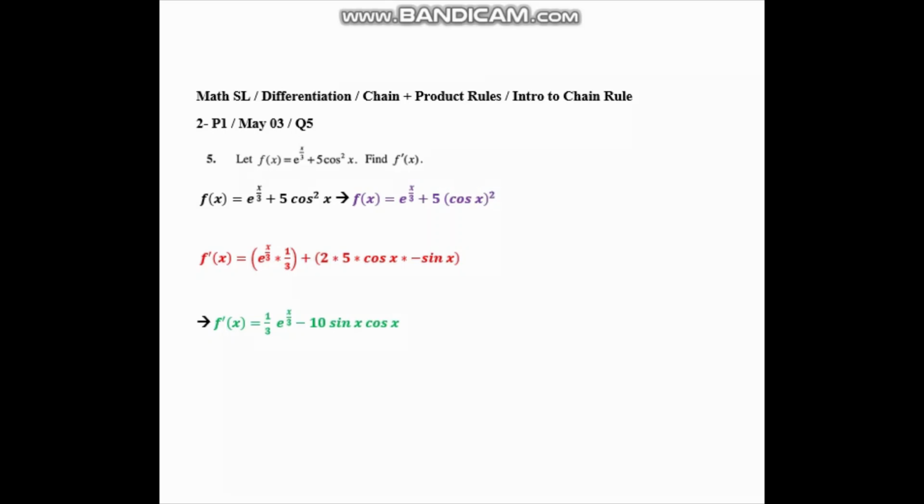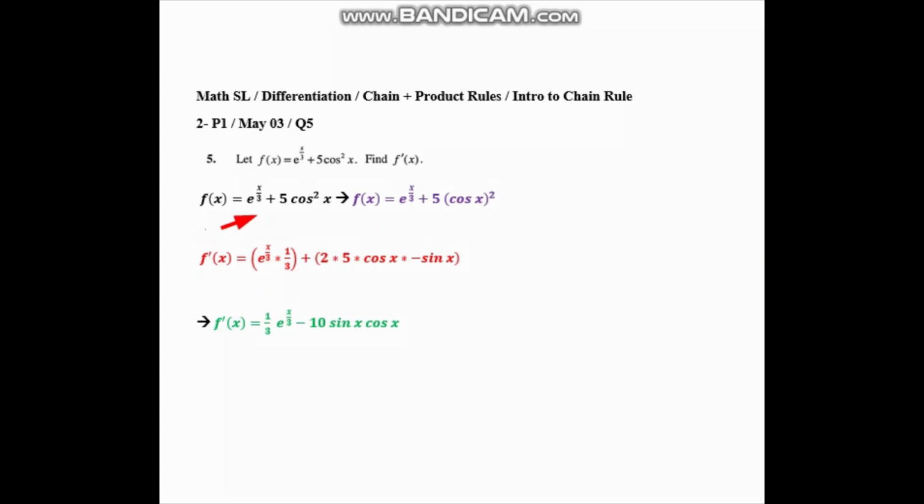So I'm given this function in black, e to the power of x over 3 plus 5 cosine squared of x, and I am asked to differentiate. What I shall first do is rewrite the second term in a friendlier form that shall help me differentiate.